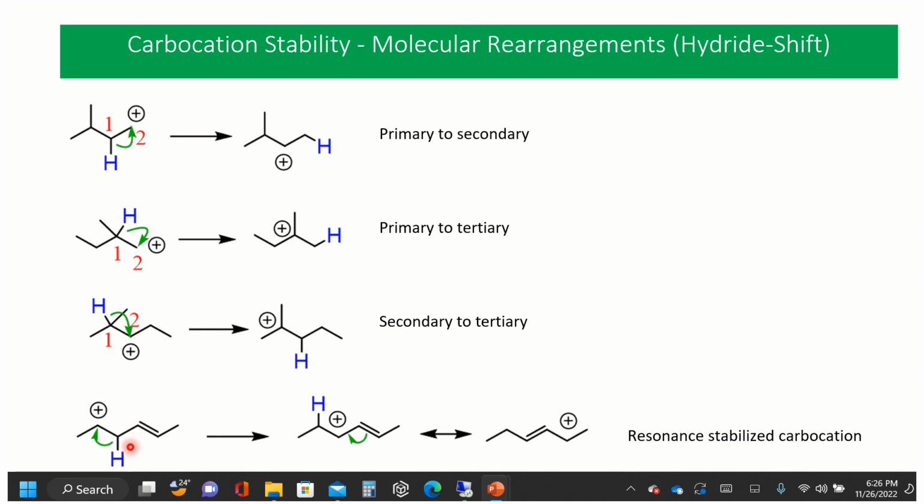And here, this is interesting because both are secondary carbocations. That's a secondary, and that's a secondary. However, you will note that this secondary carbocation is allylic, which this is not. This secondary carbocation is stabilized by resonance, so rearrangement will occur in this case.